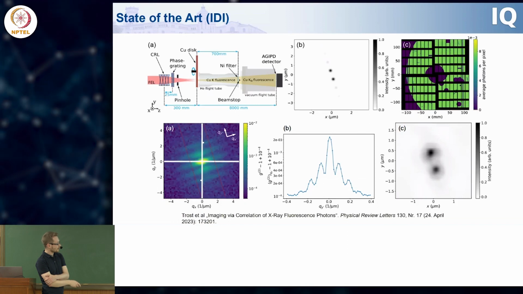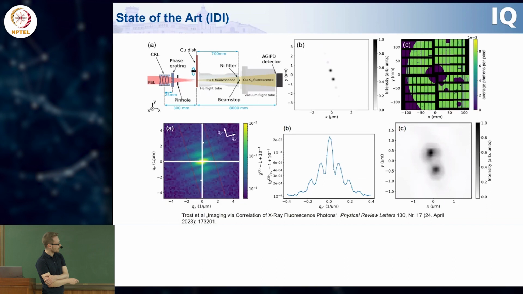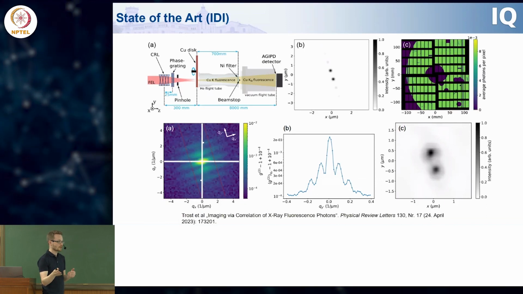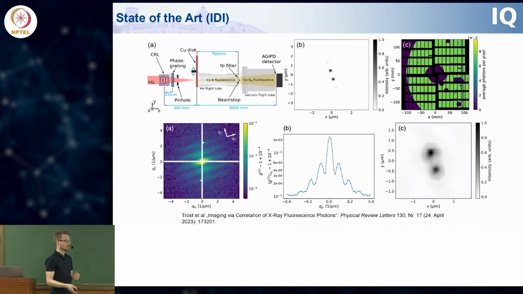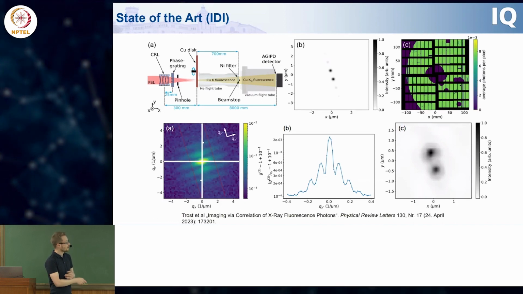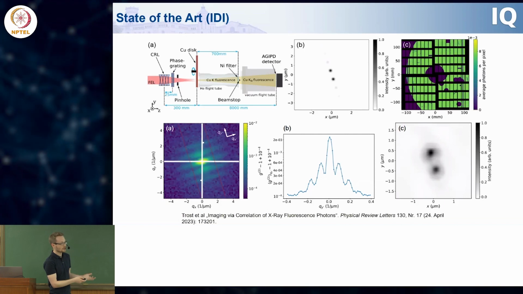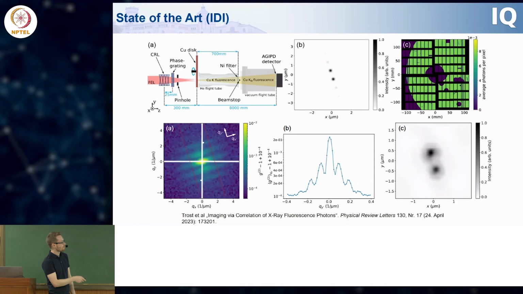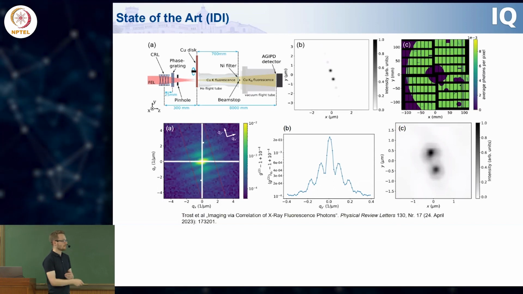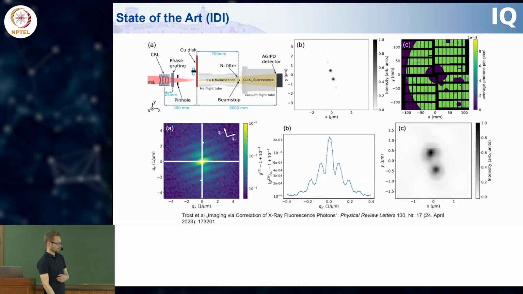So here you see the actual reconstruction. Here you see their signal after adding up all the images they took. So it took about 50 or 60 million single shot images to get to this. And as you can see here, a single image looks pretty much empty if you just look at it. It's really the statistics that give you the signal that you're looking for in the end.